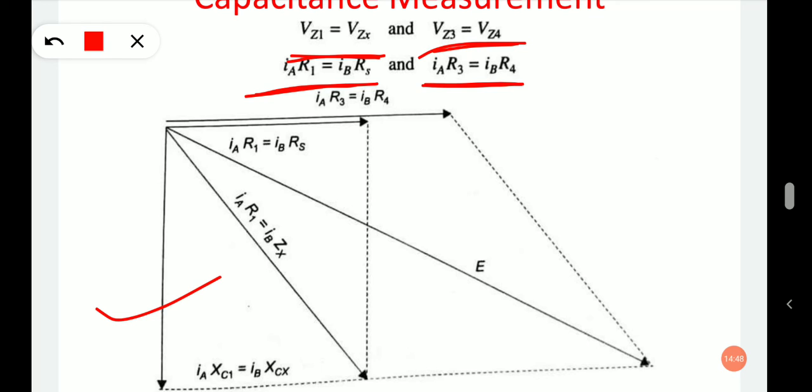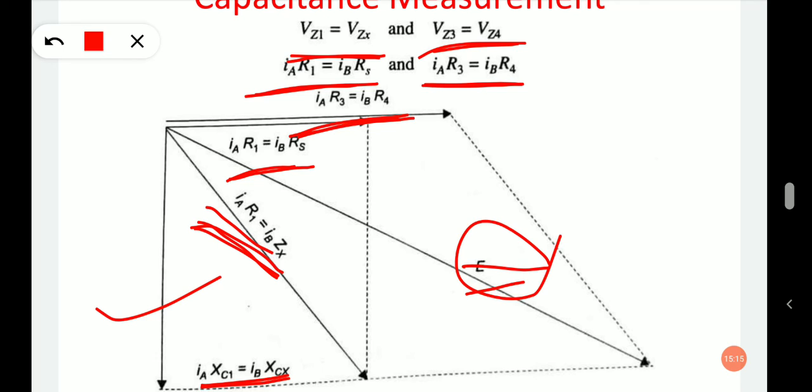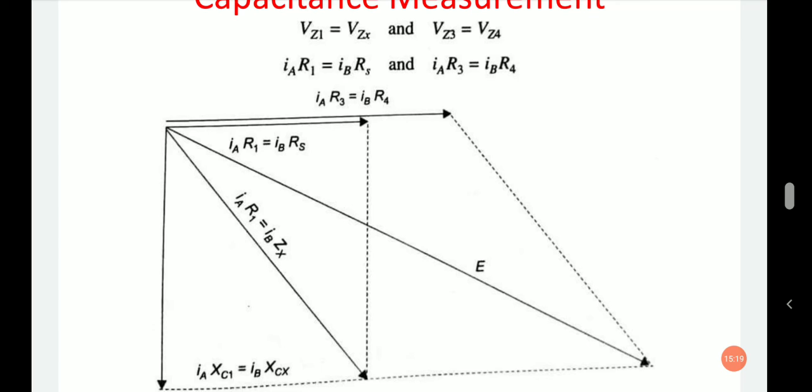So here all the phasors are given, that is IAR1 equals IBRS, IAXC1 equals IBXCX, IAZ1 equals IBZX, IAR3 equals IBR4, and this is the phasor E. The voltage drops across pure resistances R3 and R4 are equal in phase and amplitude.